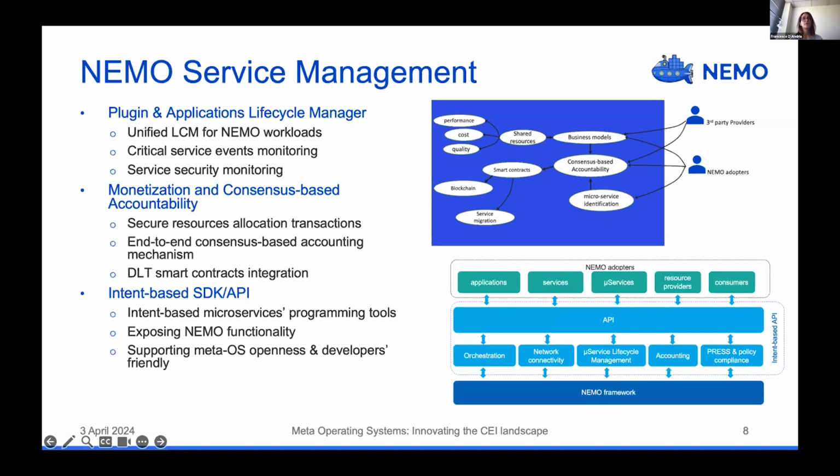As part of this component, we also support events monitoring that are mainly related to cybersecurity incidents that could take place while the workloads are running.